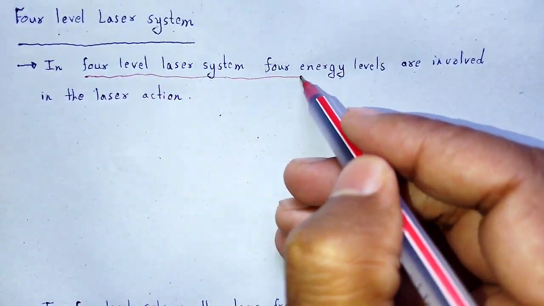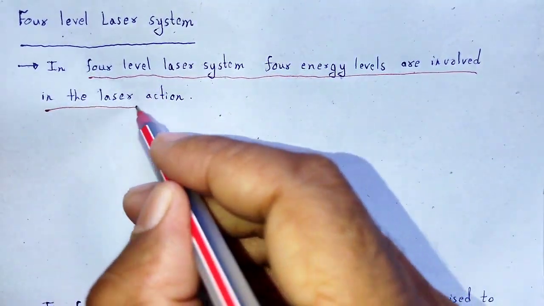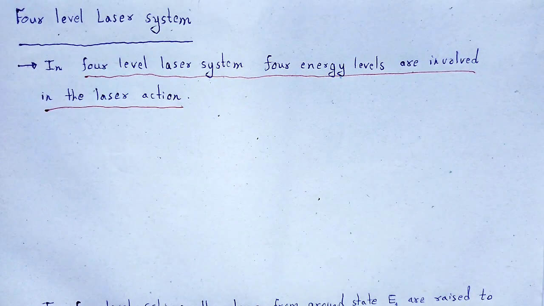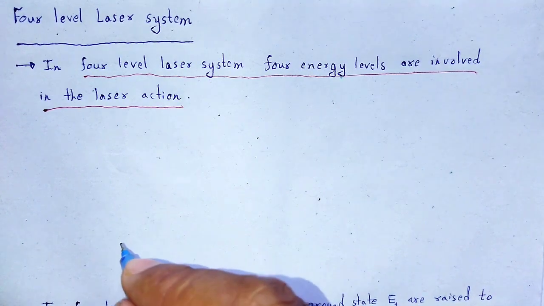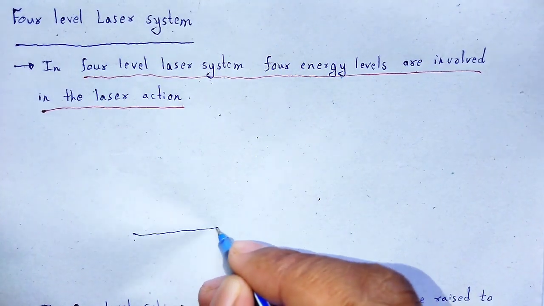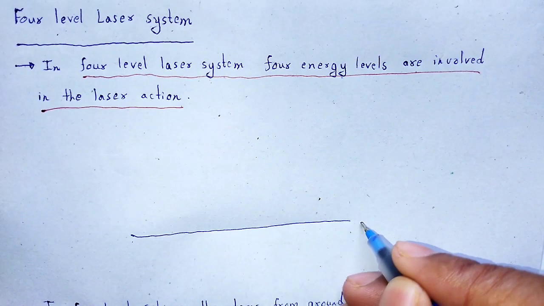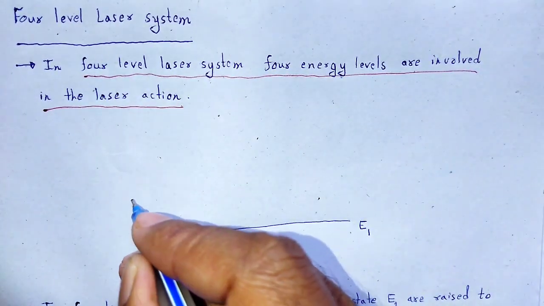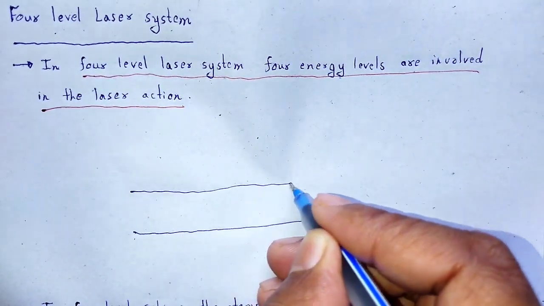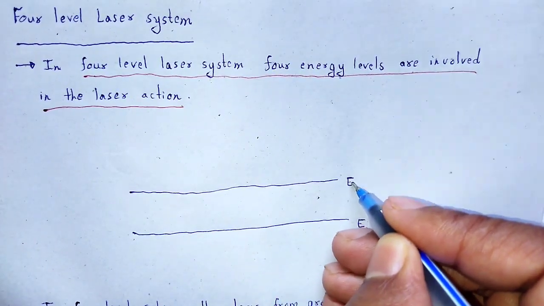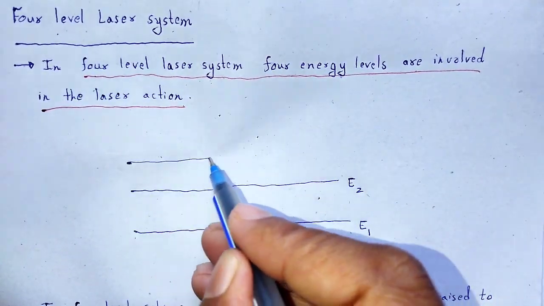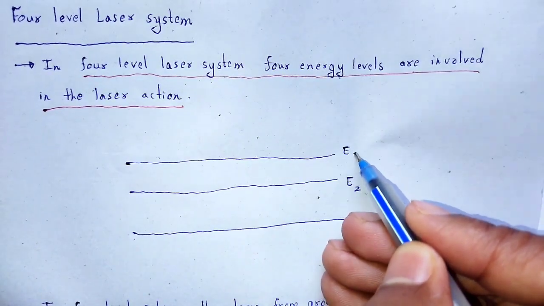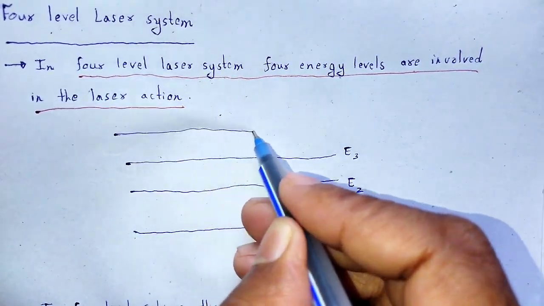Four-level laser system: 4 energy levels are involved. Let me understand the action of a 4-level laser system by taking the 4 energy levels as E1, E2, E3 and E4.